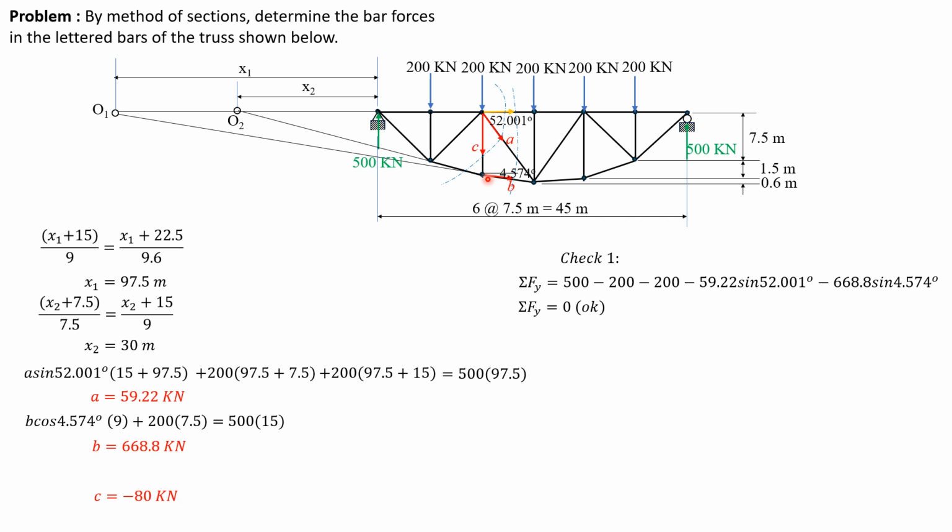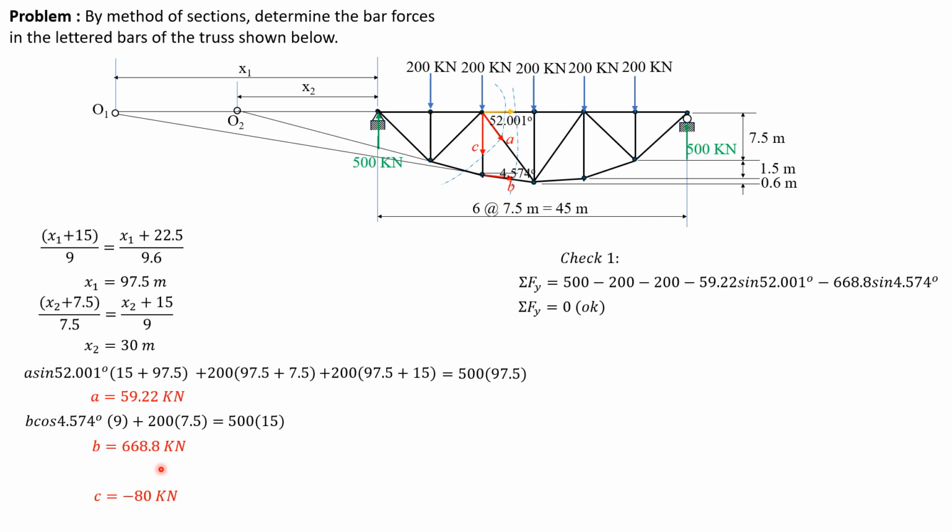The moment of the horizontal component of B about that point, counterclockwise positive, is B cosine 4.574 degrees. That's the horizontal component of B. The moment arm is 9, 7.5 plus 1.5. Then plus this 200 here times 7.5, equals 500 times 15. Solving for B, B is 668.8 kilonewtons. Since it is positive, it is also tension.